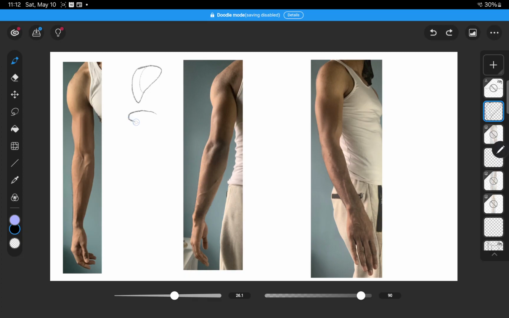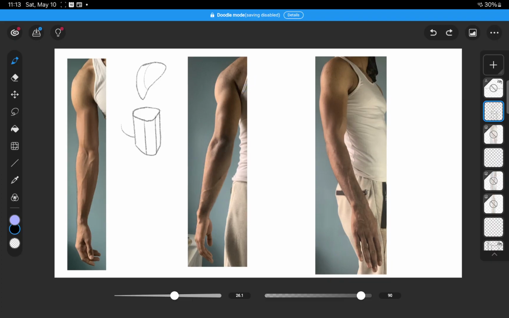And then there's actually more of the outer side showing than the inner side. So I do it like that. And then that would be like the bicep area. So you actually see more of this side and less of this side. At least that's what I've noticed. And I think that's kind of cool.